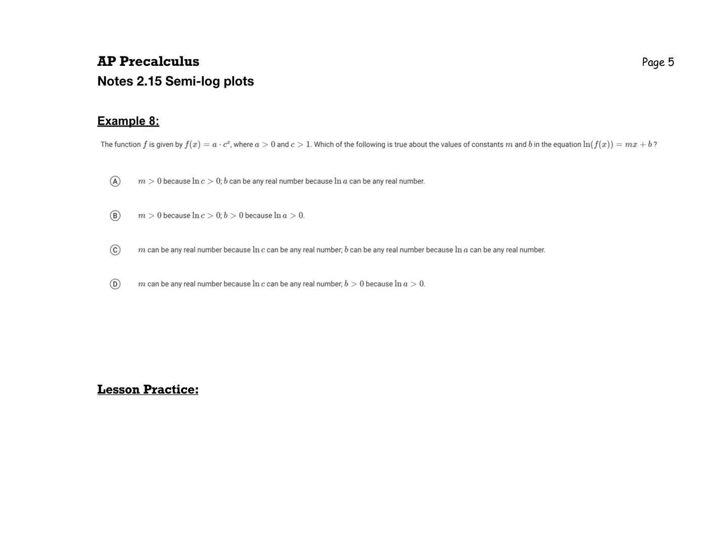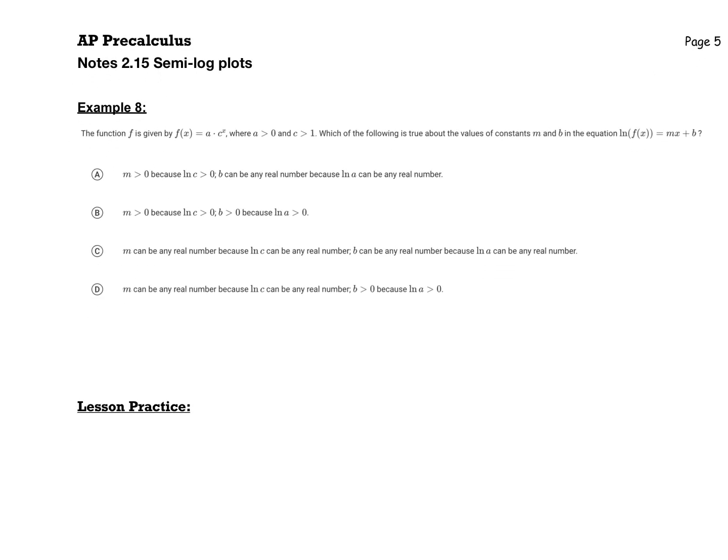Okay. Lots of math in this problem. All the different letters. We don't want to read it, but it's really not that terrible. It says the function f is given by f of x equals a times c to the x, where a is greater than 0 and c is greater than 1. Which of the following is true about the values of constants m and b in the equation ln of f of x equals mx plus b?